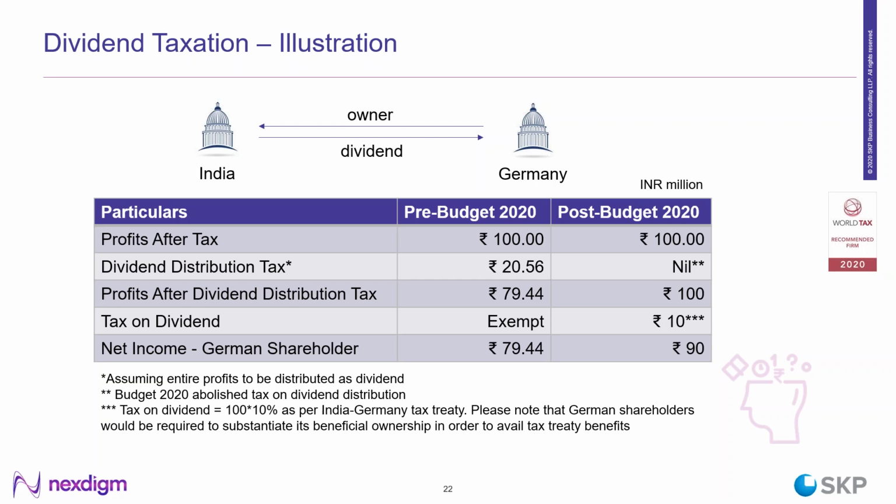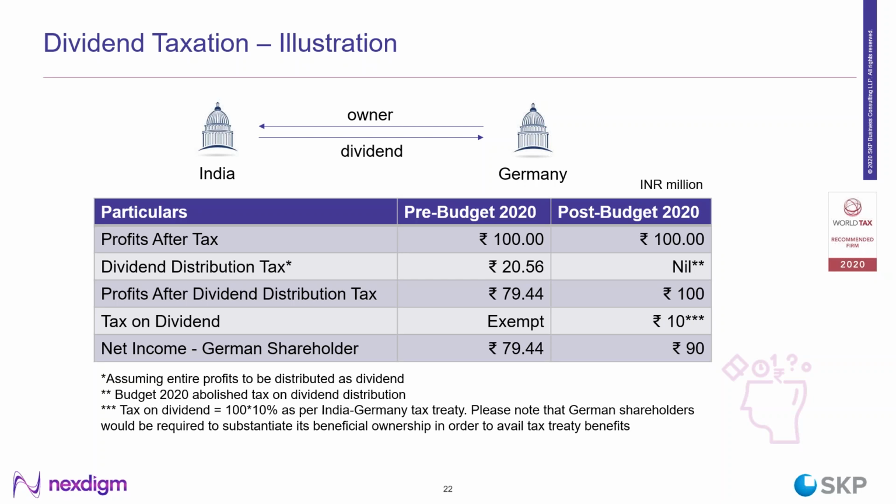Vis-a-vis the post-budget scenario, the entire 100 million INR would be available with the Indian company to distribute. And if the German shareholder can claim the tax treaty benefit, it will pay only a 10% tax rate in India, that is 10 million INR, and it will receive funds of 90 million INR.